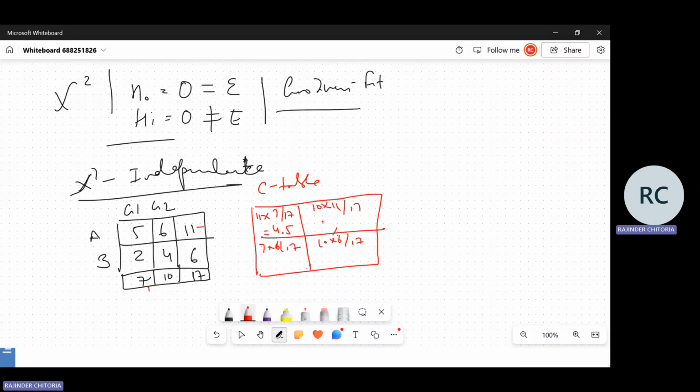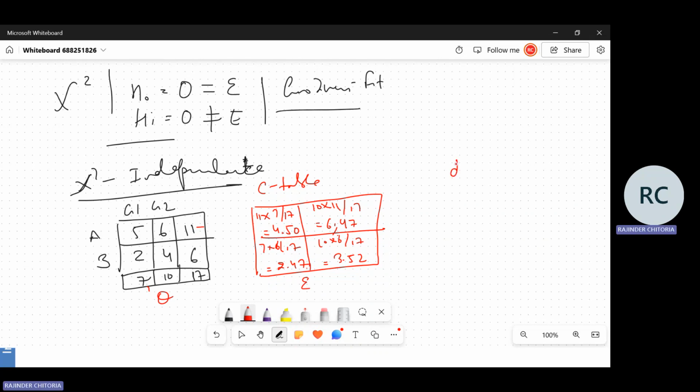Then here also we have 110 divided by 17, 6.47. 42 divided by 17, 2.47. 60 by 17, 3.52. So this is my observed values, and this is my expected value.